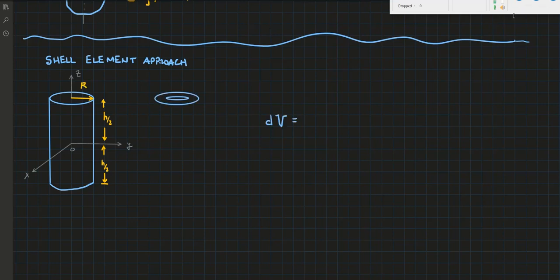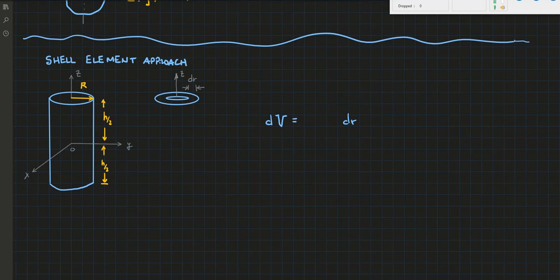So we need to create a differential volume. What we're going to do for that is start with a shell with an elemental thickness of dr in the r direction. So this is the radial direction, and that will be our first spatial term, dr.